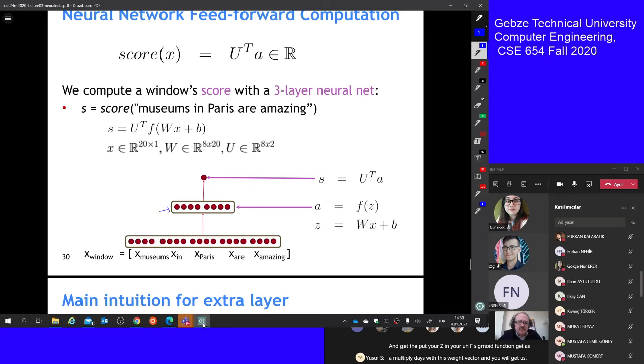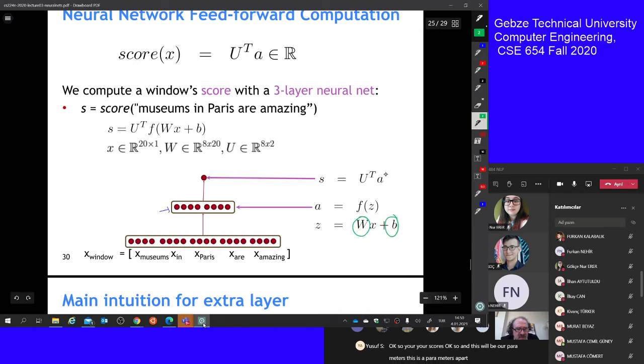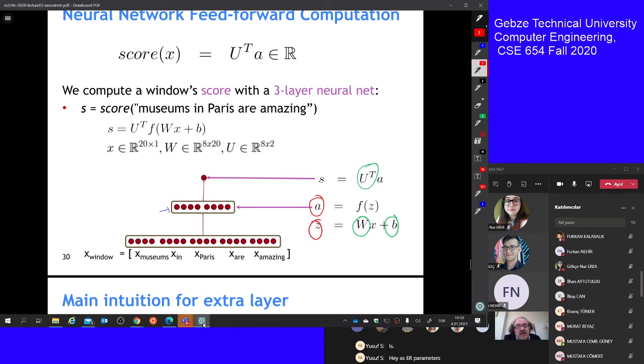Okay, so your scores. And these will be our parameters. This is a parameter, this is a parameter, and this is a parameter. Question: are a and z parameters?